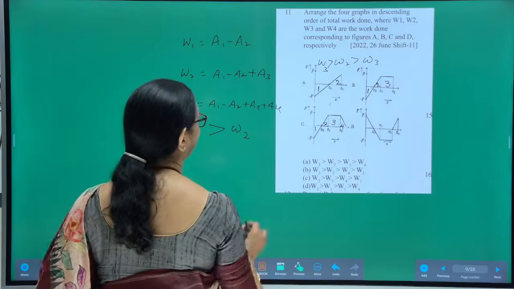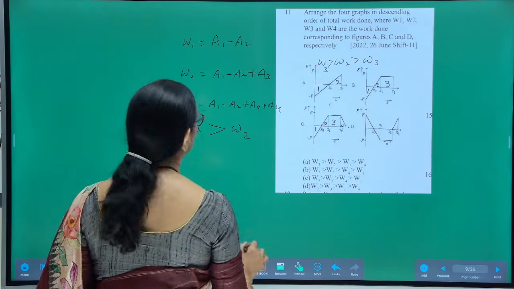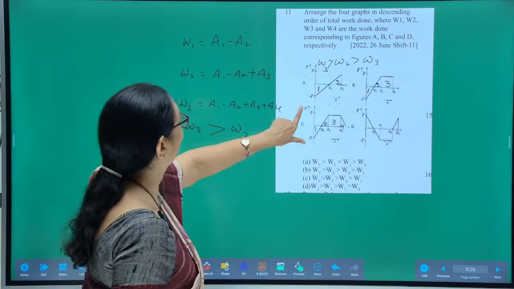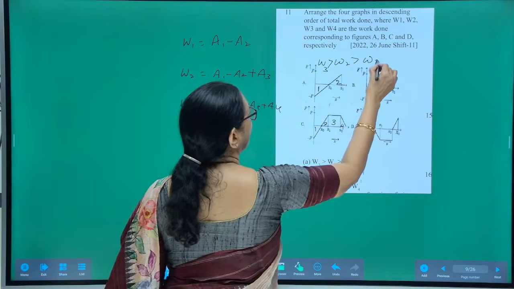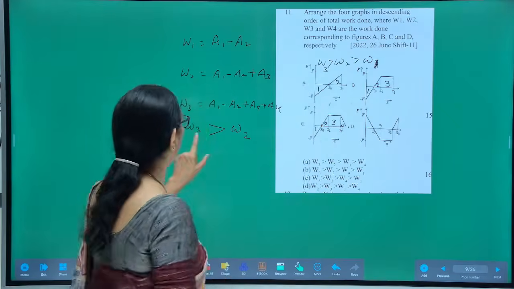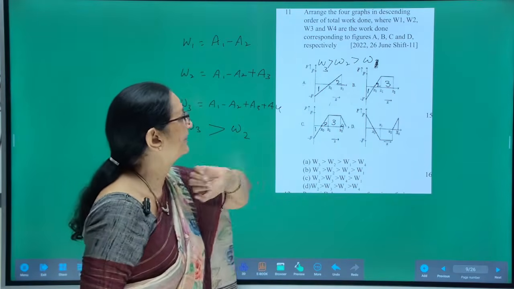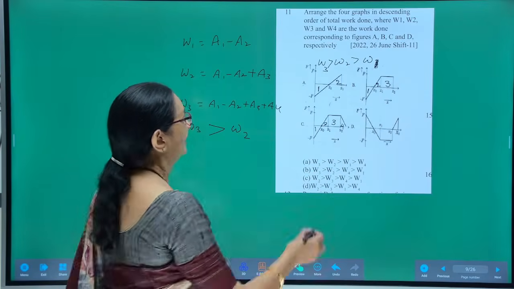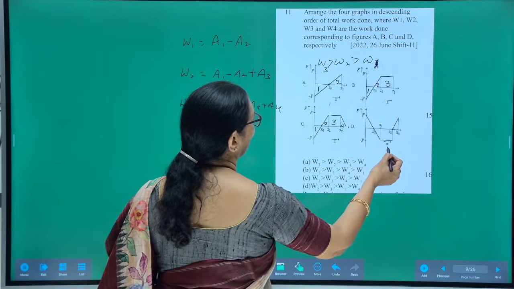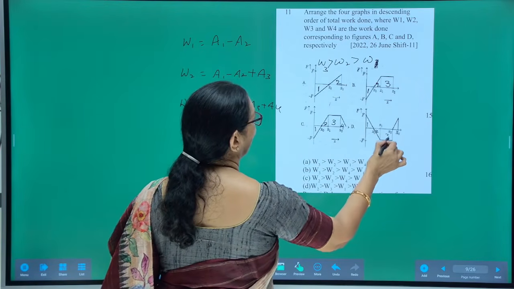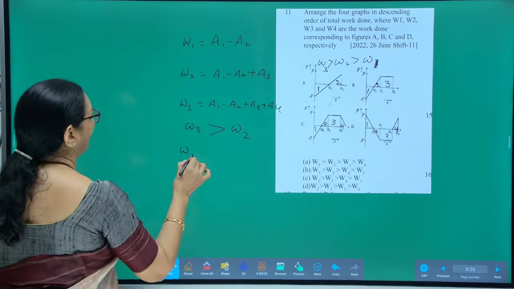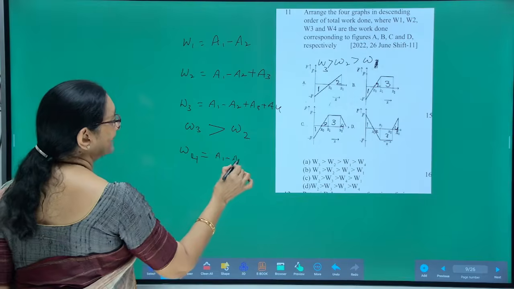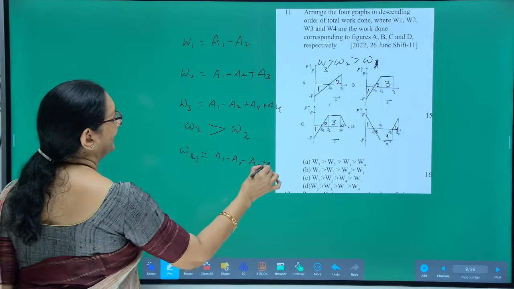See here, W2 is greater than W1. Now, W3 is greater than W2. So, W3 is greater than W2, greater than W1, and greater than W4, because of the areas A1, A2, A3, A4. So, W4 becomes A1 minus A2 minus A3 plus A4.